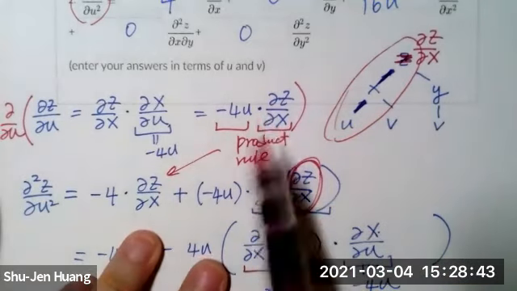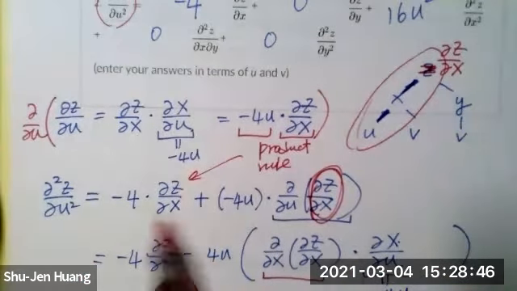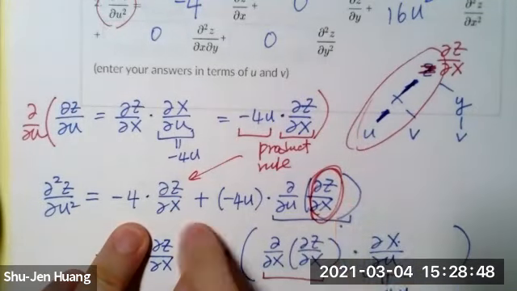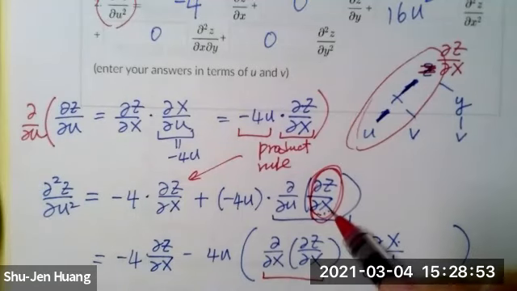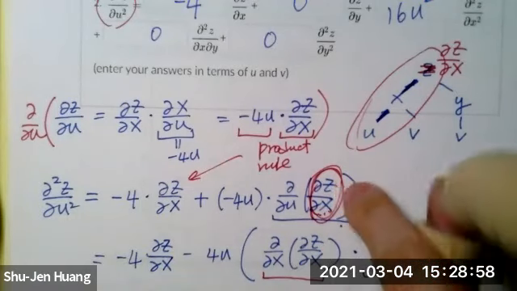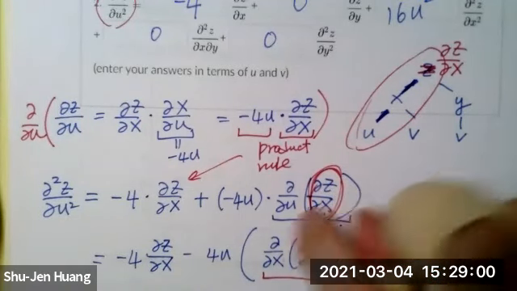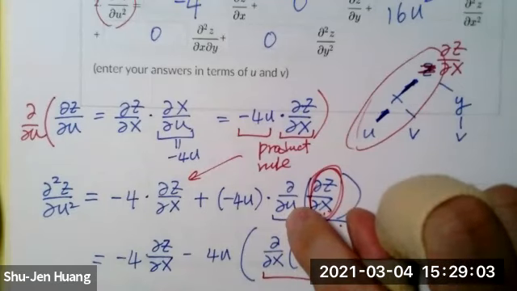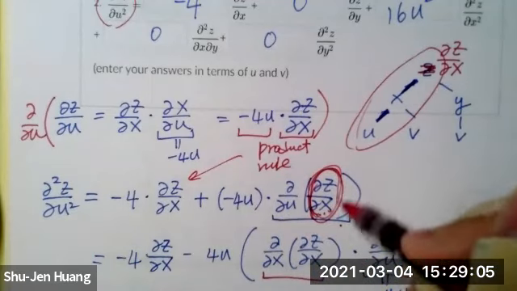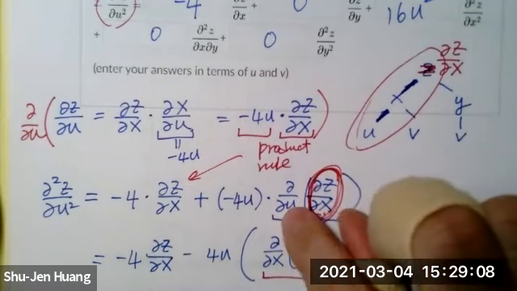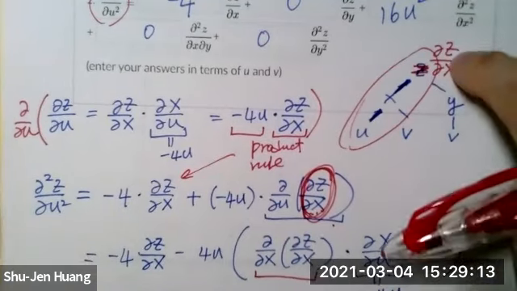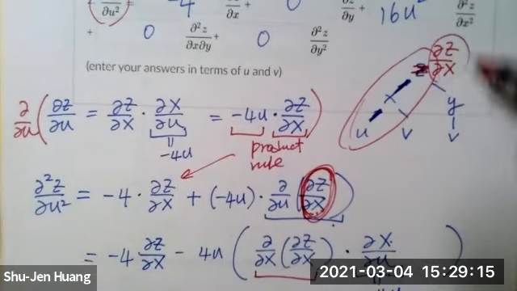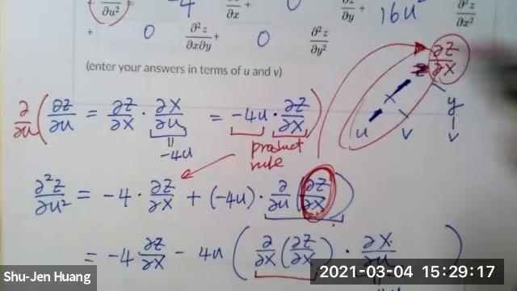So here, this whole thing, are you okay with the product rule we did here? Yeah. Okay, so now we need to simplify this. For the second term here, we want to use the function partial z partial x and take the derivative with respect to u. Therefore, we put the top function as partial z partial x on the top.